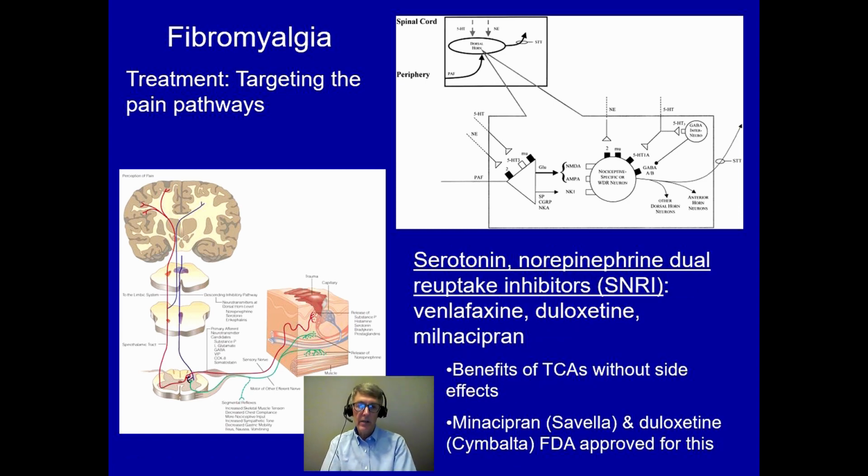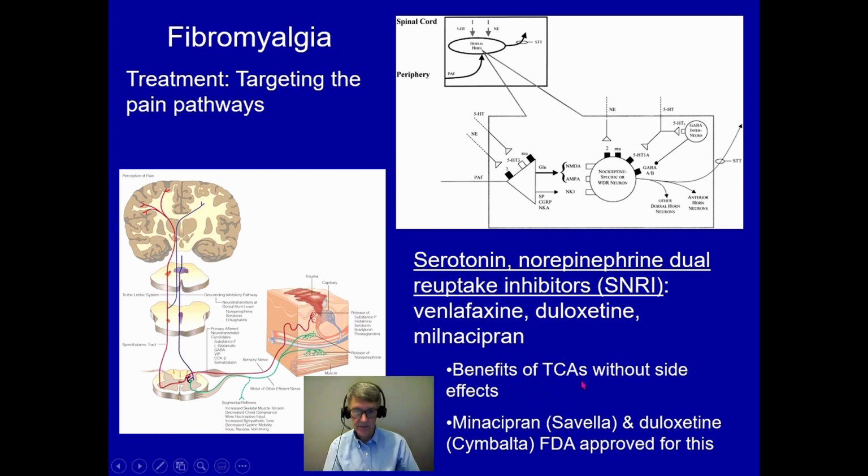The serotonin norepinephrine dual reuptake inhibitors, or SNRIs, again, these medicines increase the amount of serotonin and norepinephrine. They downregulate the windup that occurs in the synapse, and they have a lot of the benefits of the tricyclic antidepressants without quite the side effects.